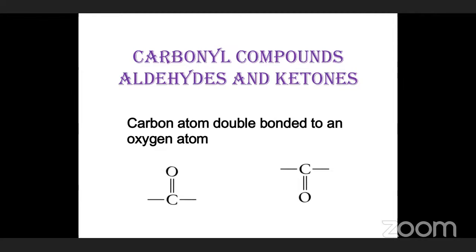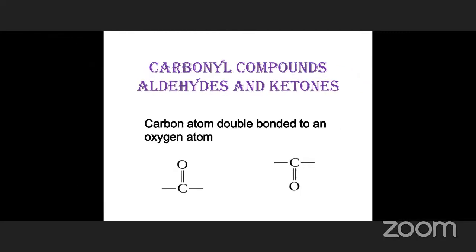Okay, so today we're going to be looking at carbonyl compounds. Carbonyl compounds are characterized by the functional group of carbon bonded to oxygen with a double bond, as you can see here on the slide. And there are 2 main types of carbonyls.